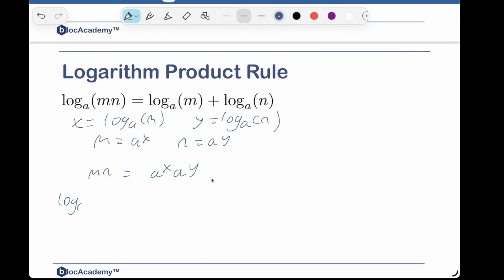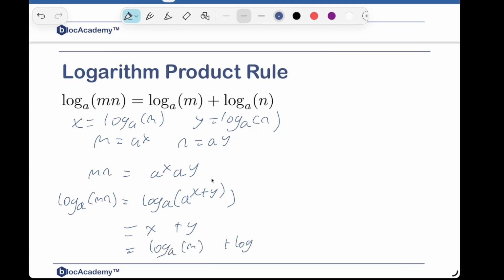We're going to get log a of mn equals log a of a to the something, and because we can combine these exponents, we're going to get x plus y. And by using the properties, we can just state that this is x plus y, which is log a of m plus log a of n. It's a pretty simple proof and it works pretty well.